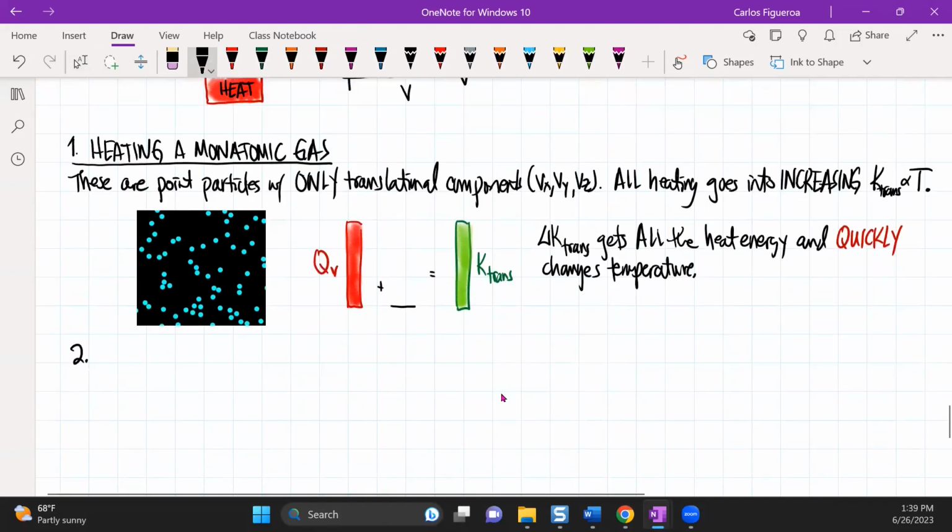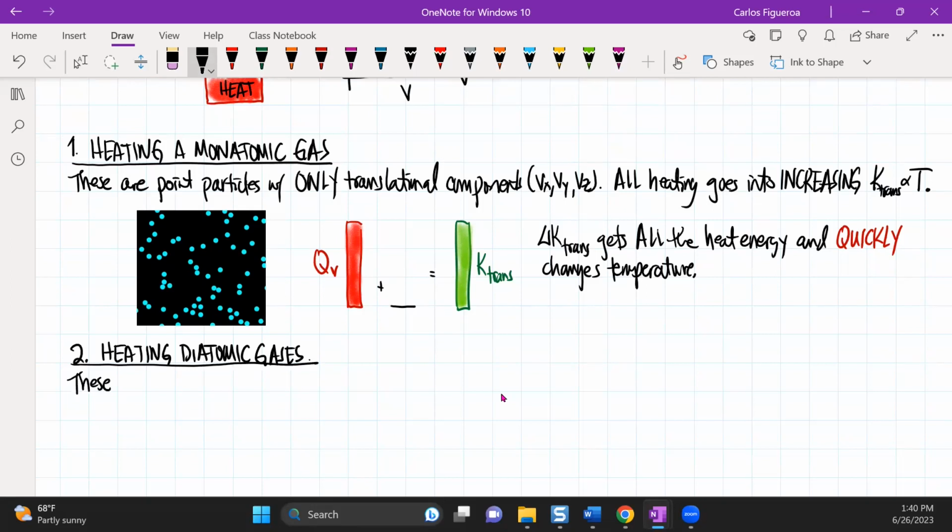So we're heating diatomic molecules now, or diatomic gases. Now, what do I know about diatomic gases?